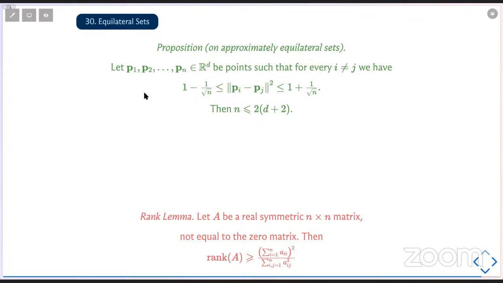You can basically work with these eigenvalues, some of which may potentially be 0, but you don't really care. Take your n eigenvalues and apply the Cauchy-Schwarz inequality on the eigenvalues to get something that looks a whole lot like this.